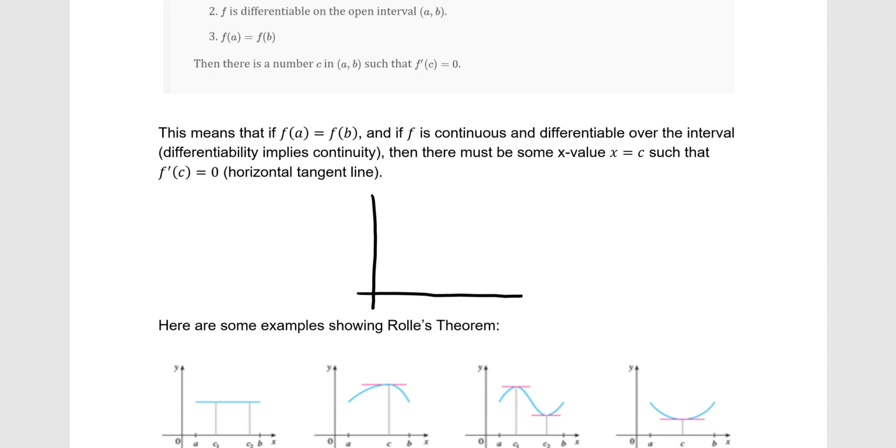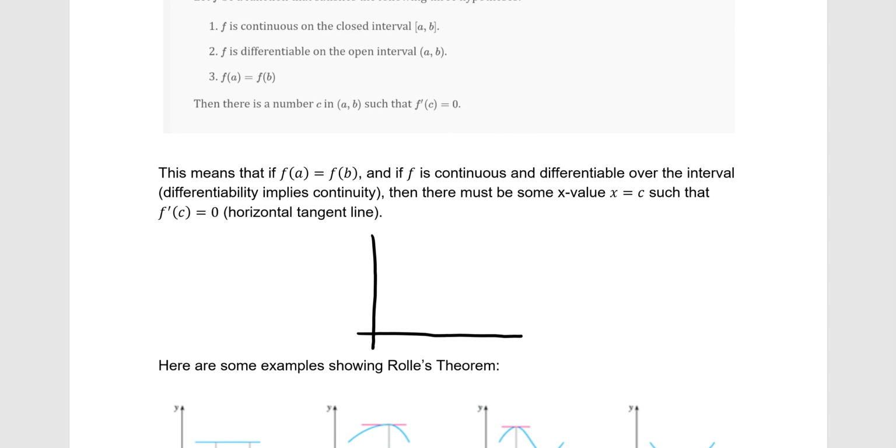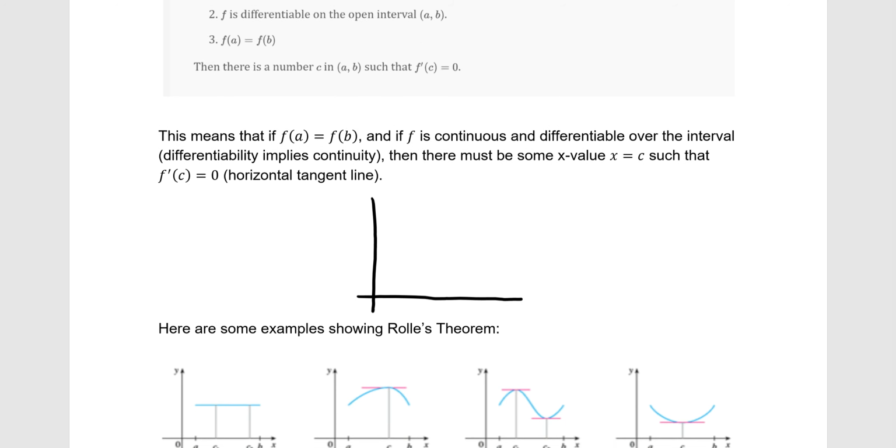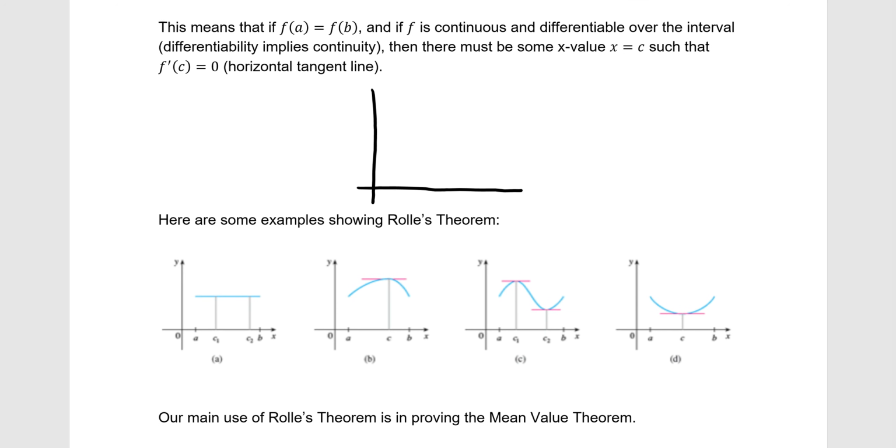So these conditions: f of x is continuous, f of x is differentiable, and the endpoints have the same y value. Let's say here is x equals a, here's x equals b, so those are the endpoints, and we know that their y-coordinates are the same.